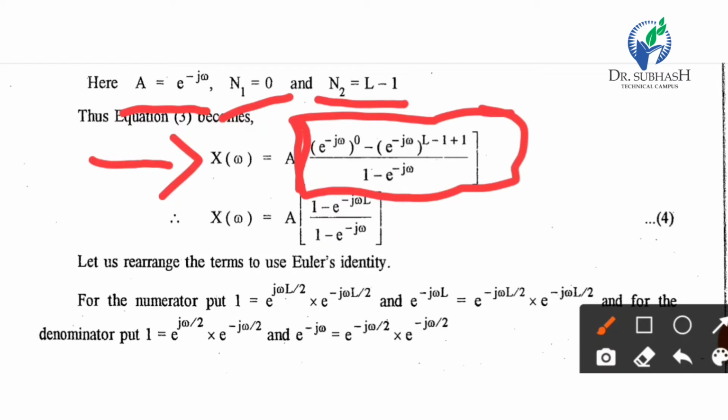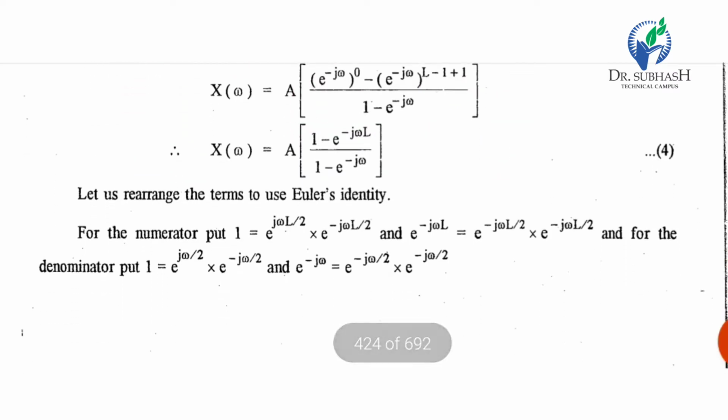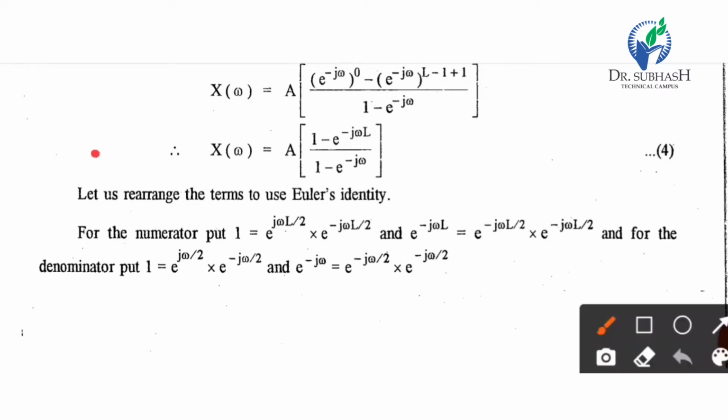So e raised to minus j omega raised to 0 means 1, and L minus 1 plus 1 means L. After calculating, X of omega equal to a times 1 minus e raised to minus j omega L divided by 1 minus e raised to minus j omega.